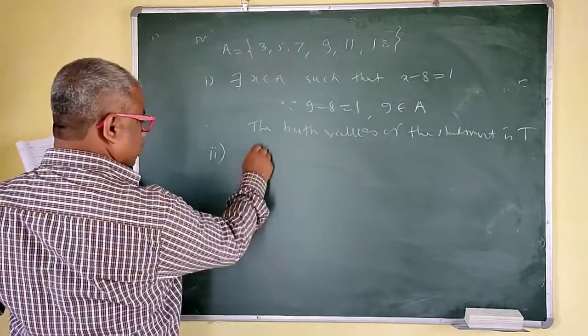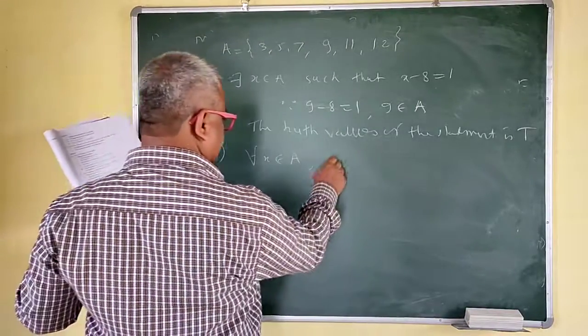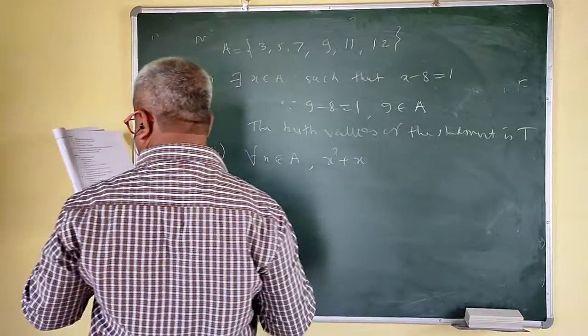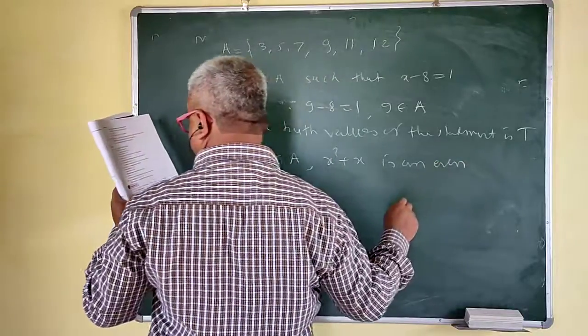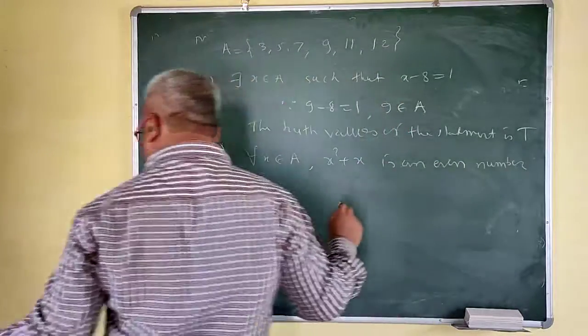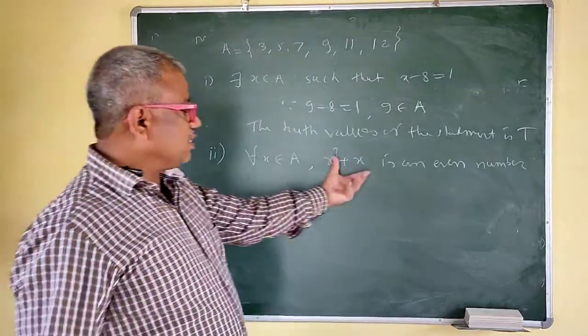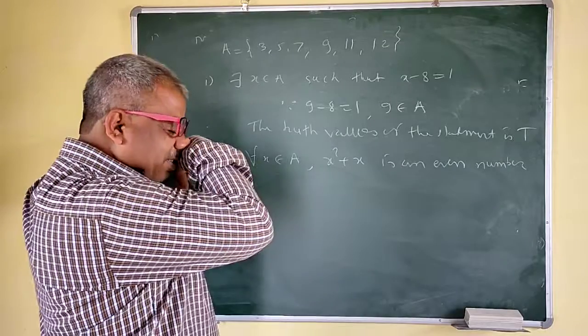Take the second one now. For all x belongs to A, x square plus x is an even number. So now x square plus x is even. We know that the sum of two even numbers is always even.